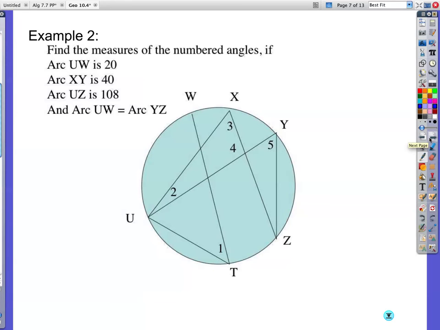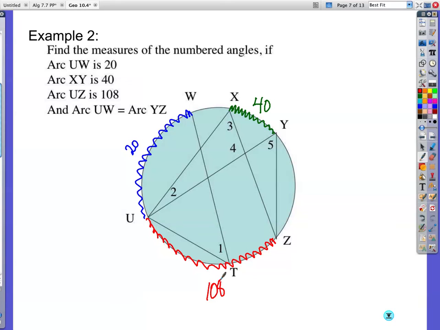Example 2, find the measures of the numbered angles. If arc UW is 20, arc XY is 40, arc UZ is 108, and arc UW is equal to arc YZ, so this is congruent to YZ.